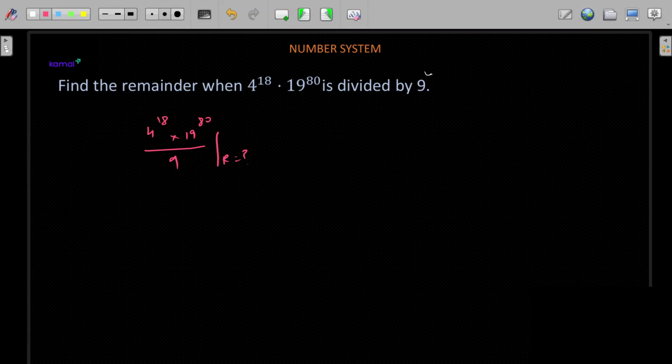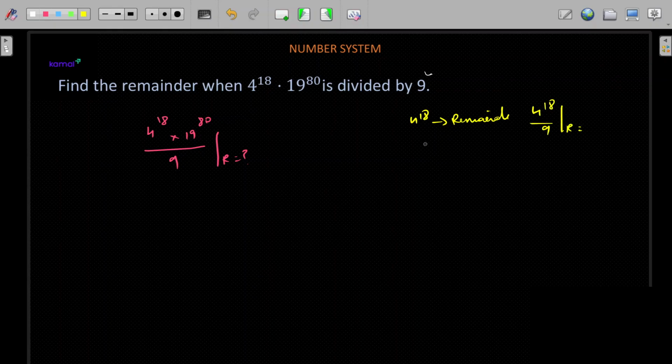So remember this, we already discussed that I can replace 4 power 18 and 19 power 80 in terms of their remainders. This is what we discussed in previous videos. Yes or no? So instead of this bigger number 4 power 18, I'm going to replace it in terms of its remainder, by dividing 4 power 18 by 9.